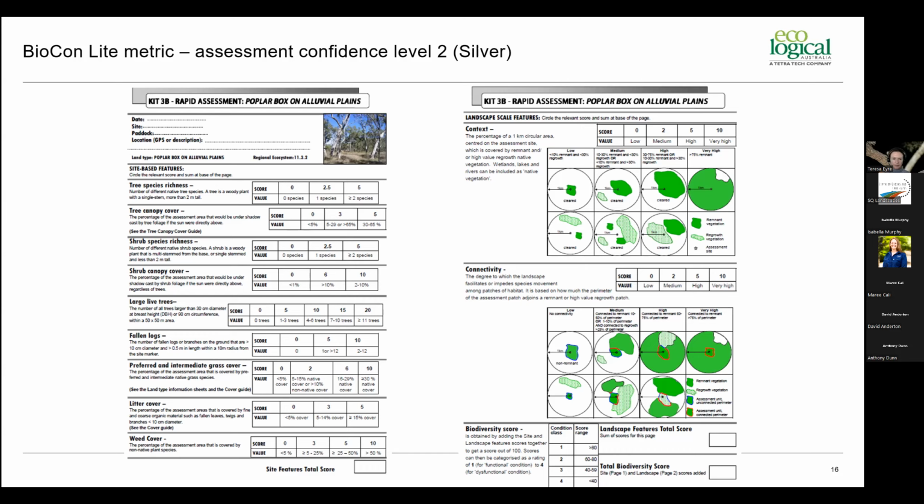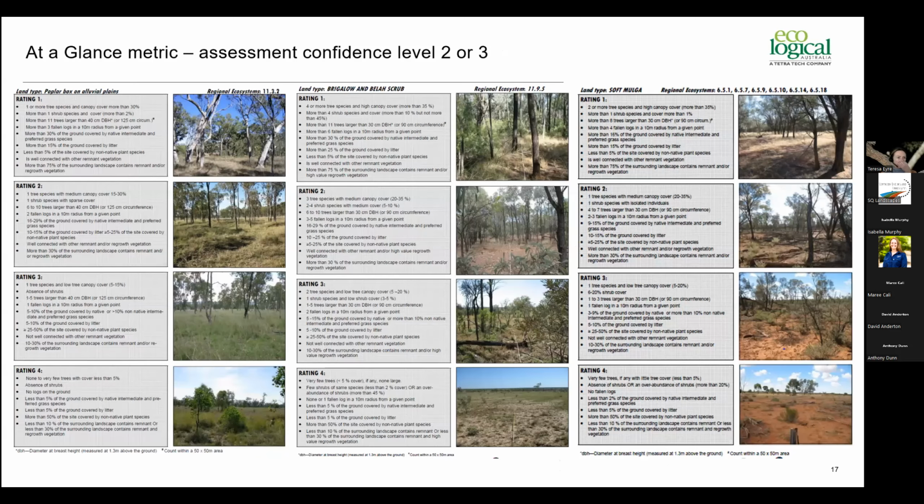And then we designed this at-a-glance type metric, and Rhonda's going to freak out because she said, oh, don't put all of that on the screen, so please don't try to read all that. It was really just to show how they look for the different ecosystem types.